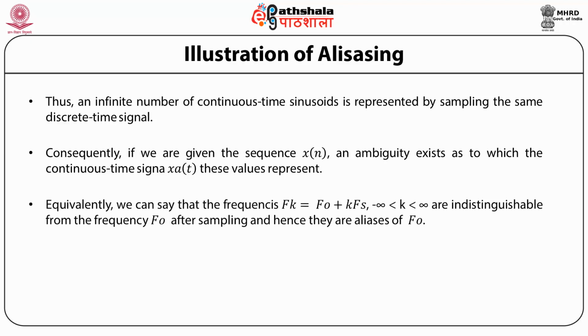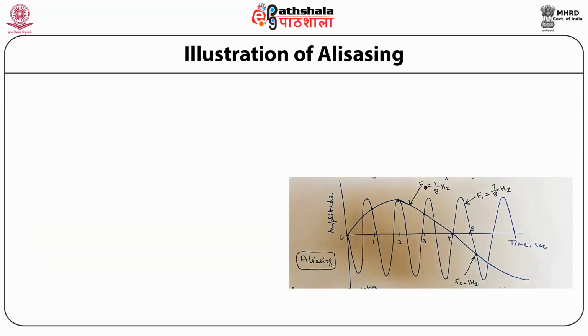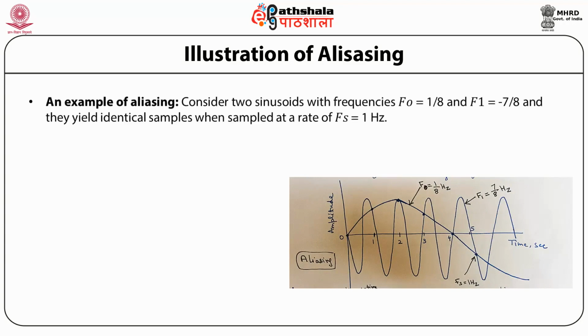Equivalently, we can say that the frequencies Fk equal to F naught plus k Fs, where k varies from minus infinity to plus infinity, are indistinguishable from the frequency capital F naught after sampling, and hence they are aliases of F naught.